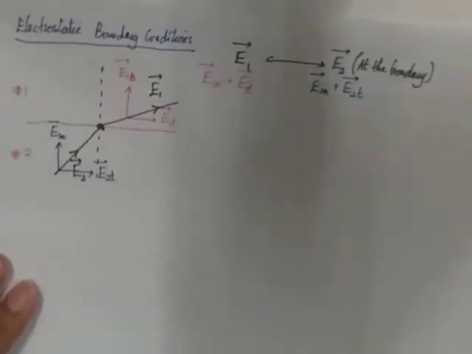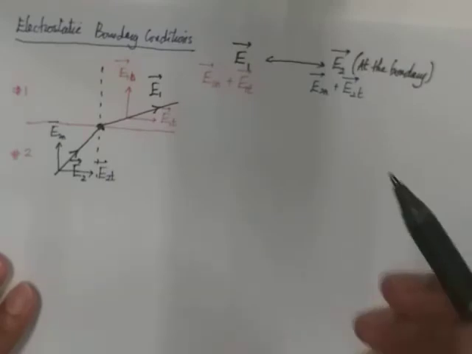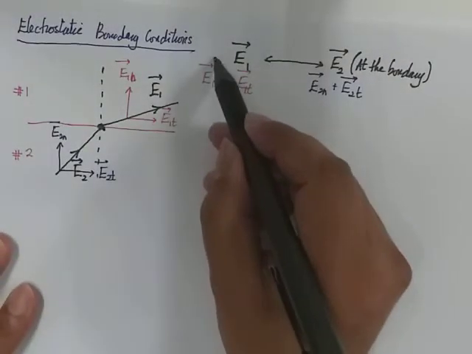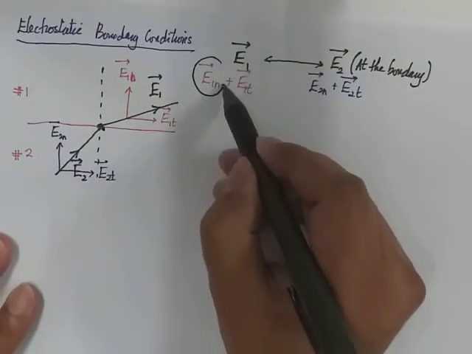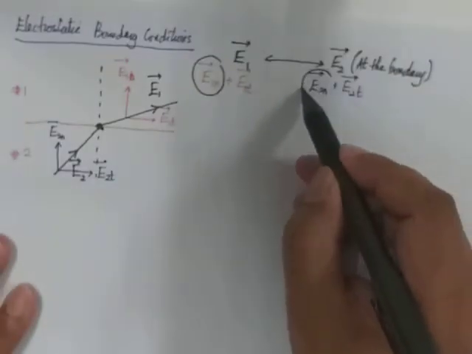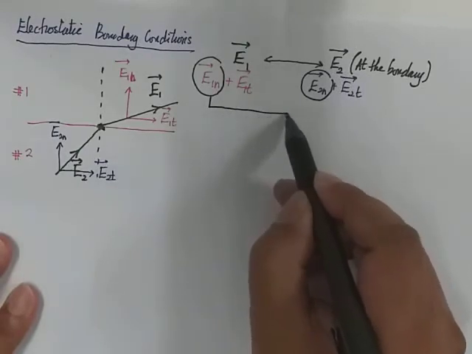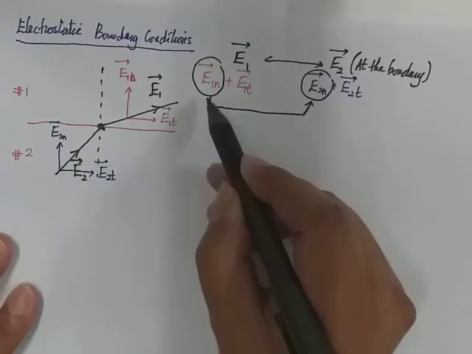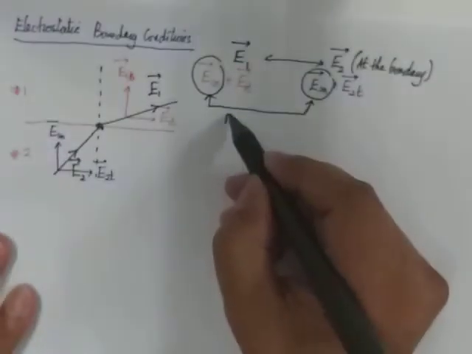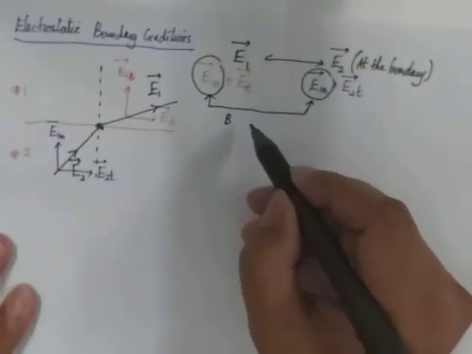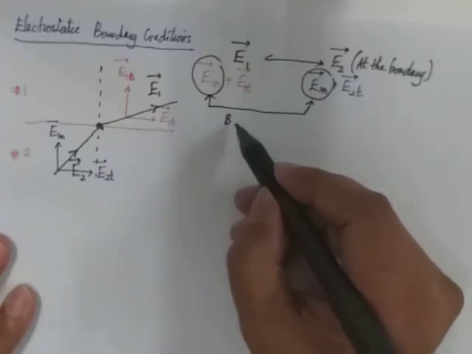From there, we're going to create an equation based on the normal component here being related to the normal component here. So this is what we're going to focus on, based on each individual component. This is going to be our first equation. We call it boundary condition number 1.